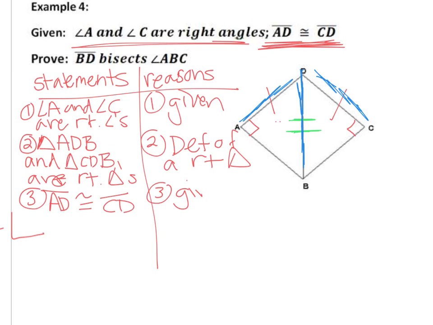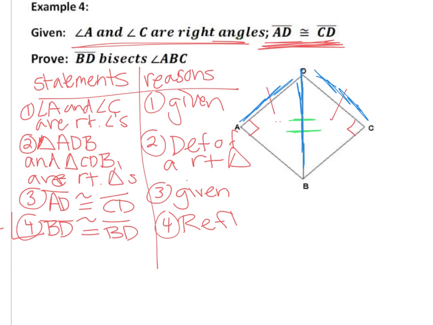And then what would be next? Well, step 4, what else haven't I included in the proof? The reflexive side. So BD is congruent to BD, reflexive property. So why would these triangles be congruent?